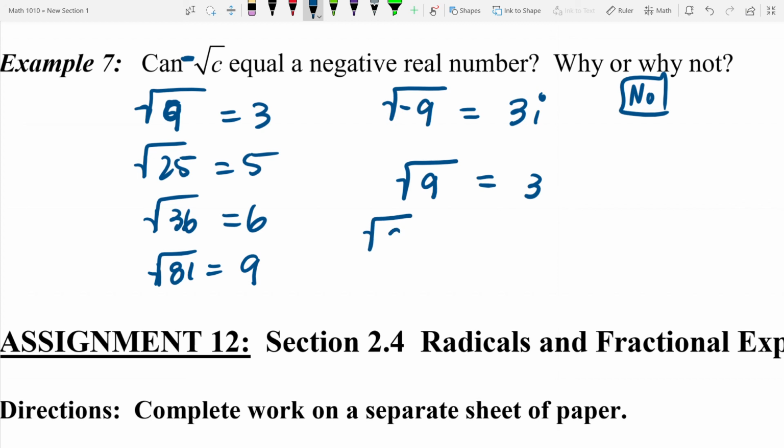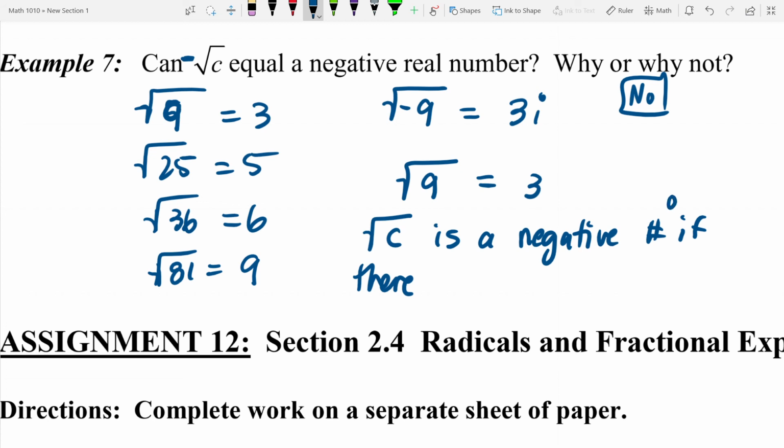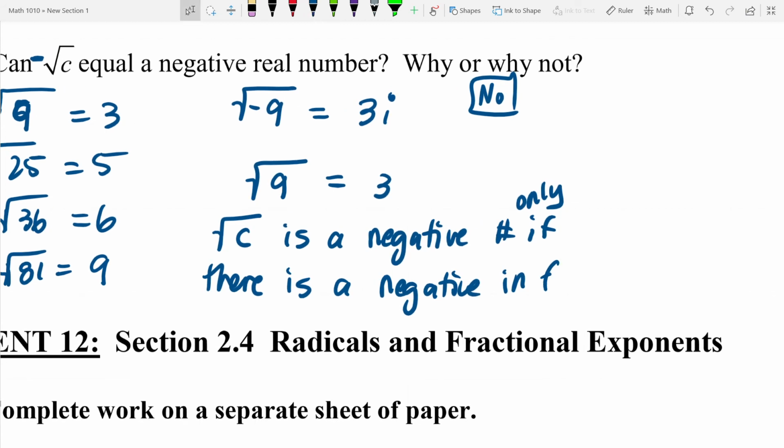So I'm going to say the square root of C is a negative number only if there is a negative in front of the square root. That's it. Long.